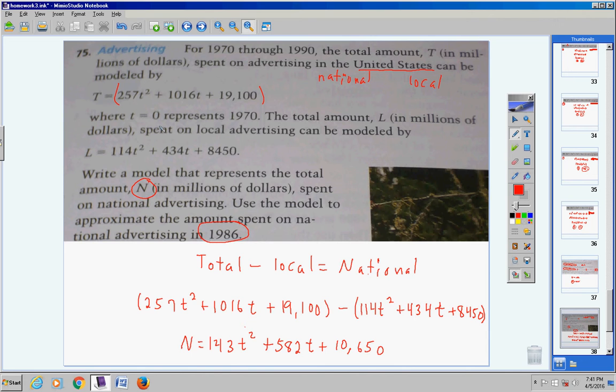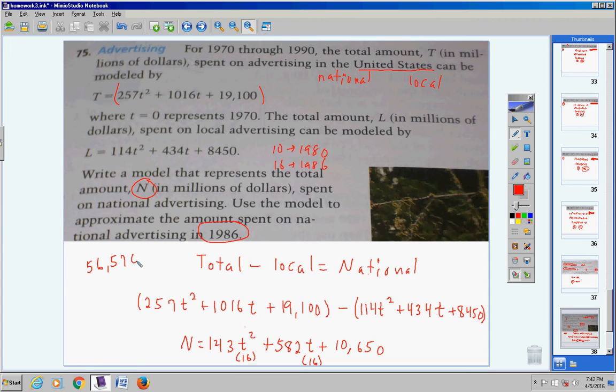Then it says, use the model to approximate the amount spent on national advertising in 1986. Now, 0 represents 1970. So 10 would represent 1980. So 16 would equal 1986. So everywhere there's a T, you're going to put 16. And if you'll do that with a calculator, you will get out the correct answer, which is 56,570.